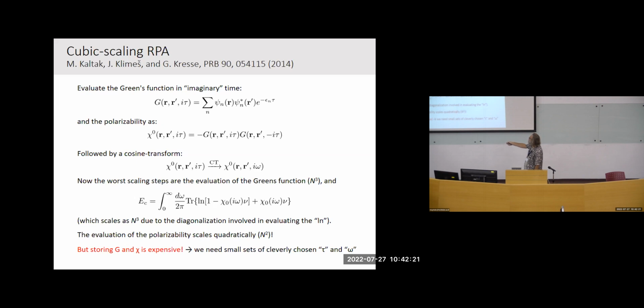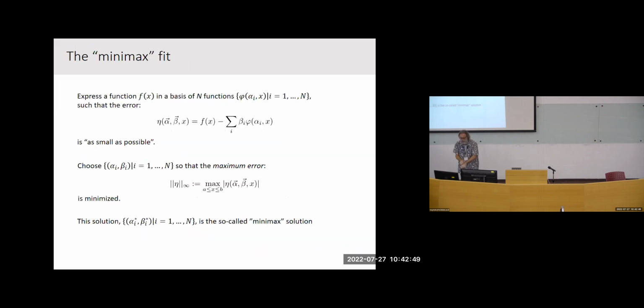And what we need to reduce our storage demand is sets of cleverly chosen times and frequencies. These, by the way, do not scale with system size. So they are independent of our system. So what we need is as small as possible sets of times and frequencies. And that is where the work of Kaltak came in.